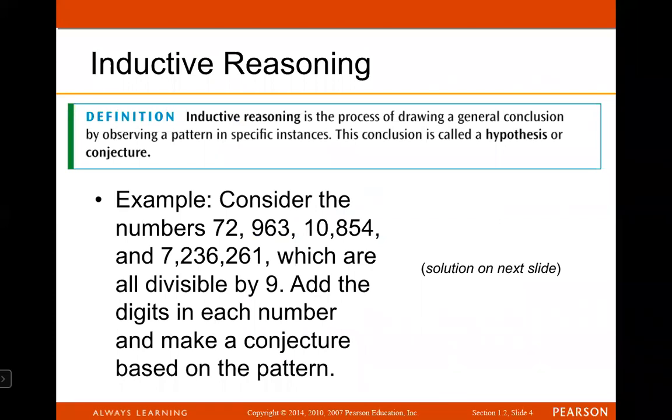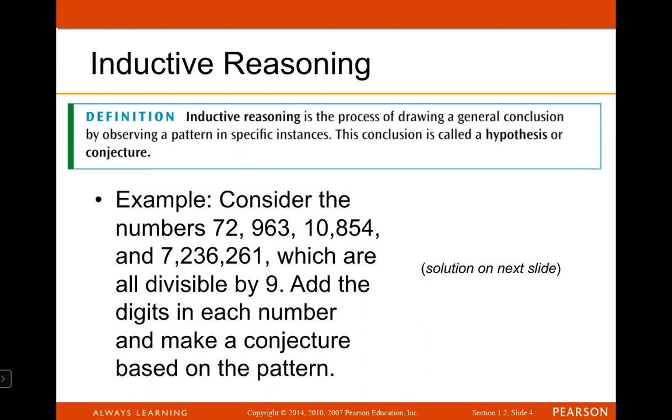Inductive reasoning is the process of drawing a general conclusion by observing a pattern in specific instances. This conclusion is called a hypothesis or a conjecture.